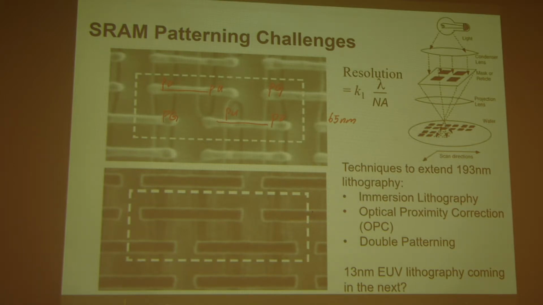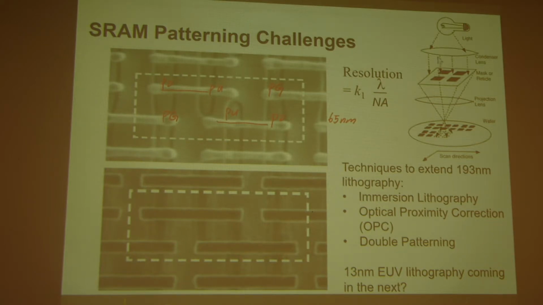And I hope you still remember the lithography; the last guest lecture talked about this. Basically you shine the light through the mask, and then you have the lens, and then you can expose some of the features, patterns on the wafer, the photoresist.